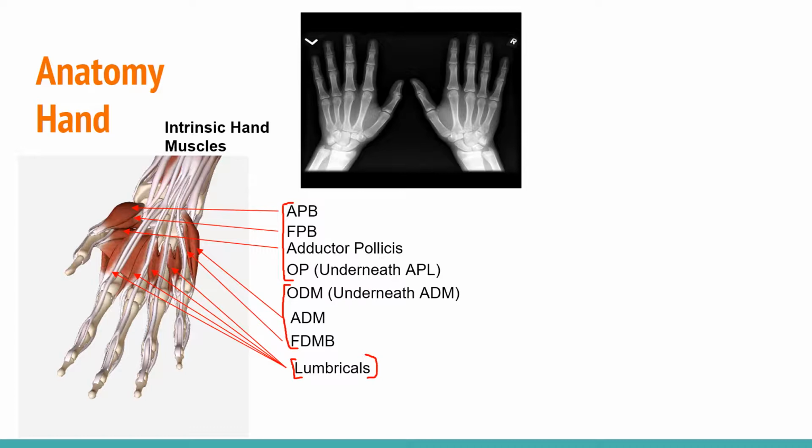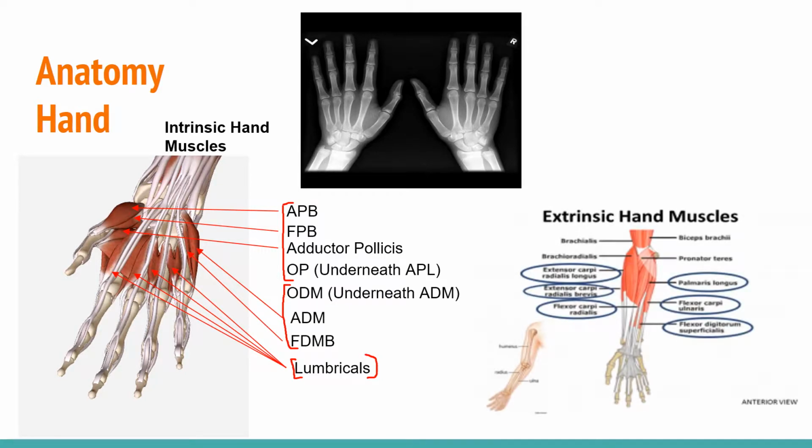So PAD for PAD. So palmar interosseous muscles assist in adduction, while DAB, dorsal interosseous muscles, assist in abduction.